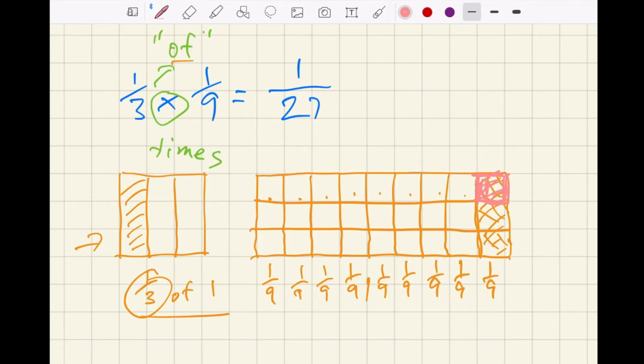Well, how many of these do we have? Well, we count the whole thing. 1, 2, 3, 4, 5, 6, 7, 8, 9, 10, 11, 12, 13, 14, 15, 16, 17, 18, 19, 20, 21, 22, 23, 24, 25, 26, 27. So this is one piece out of 27.